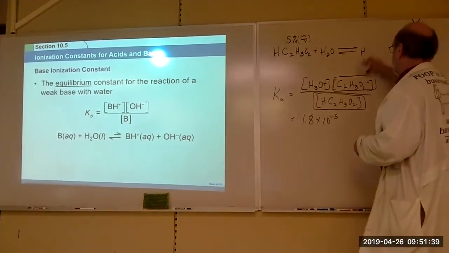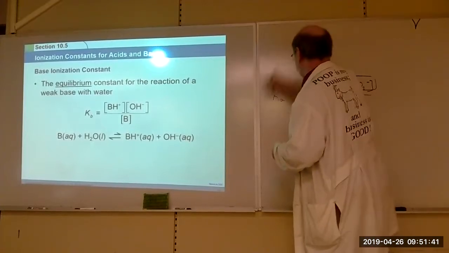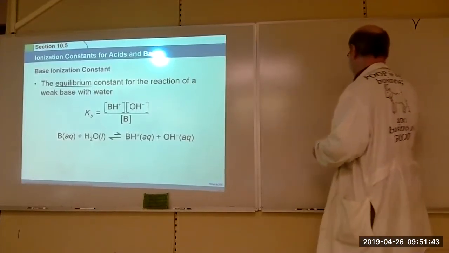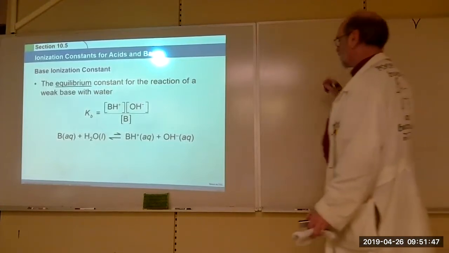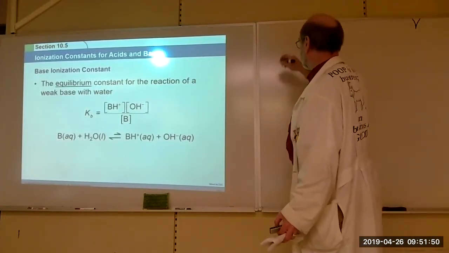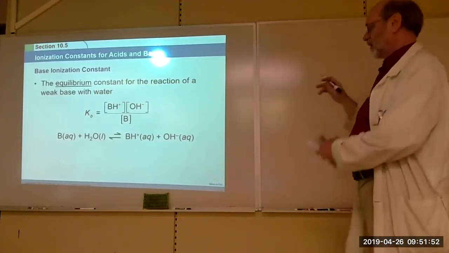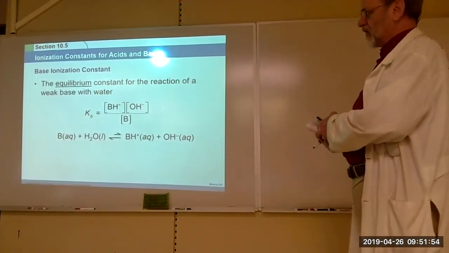Okay. We can do an equilibrium expression for a base too. So how do we write that? Well, if we have a base of some kind, we'll use the generic first, and then I'll give you an example.